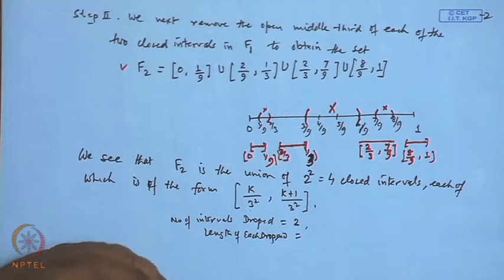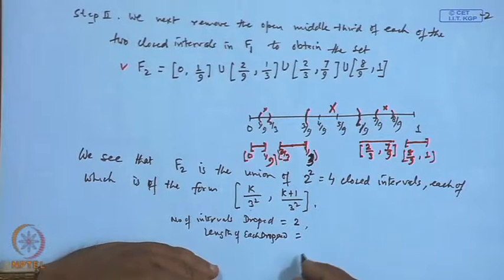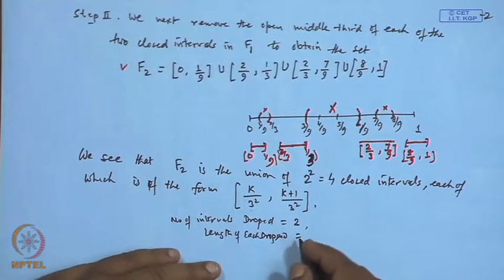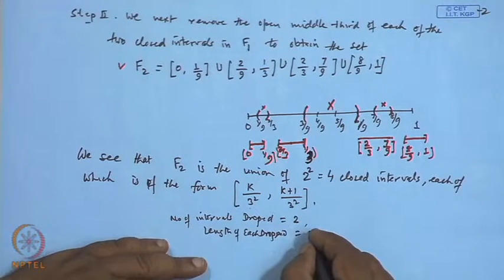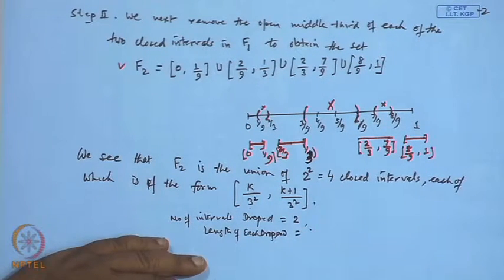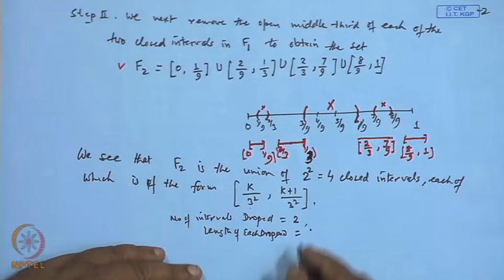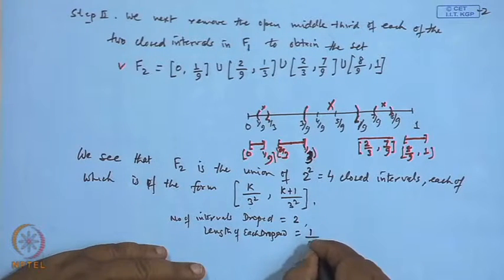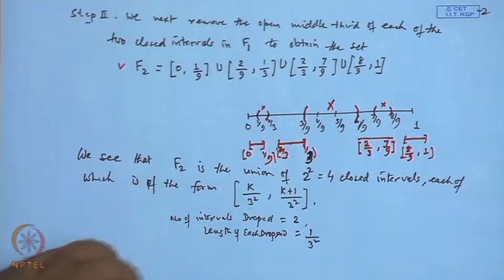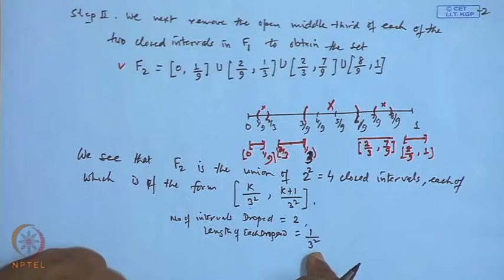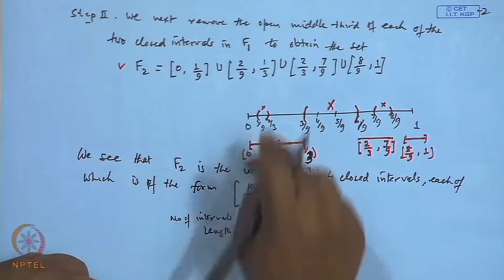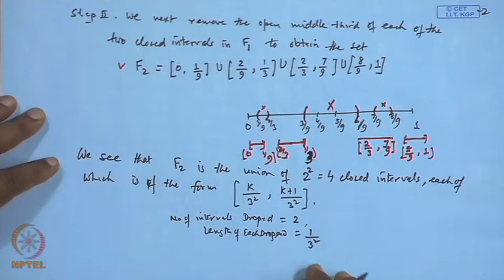The length of each dropped interval will be 1 by 3 to the power p. So, each one will be of length 1 by 3 square. So, that is the first interval, 2 intervals, each of length 1 by 3 square, 9 length we are dropping for this. Okay, like this.